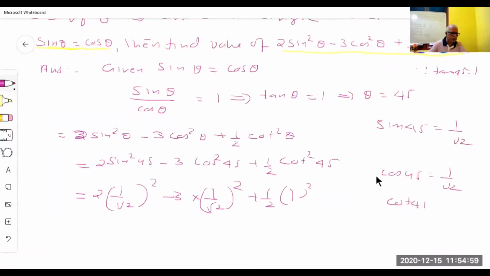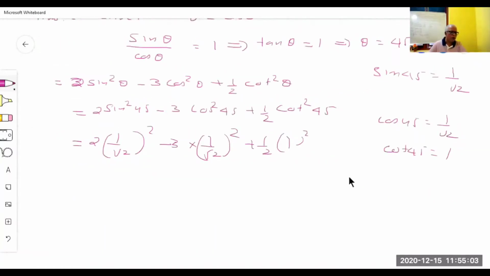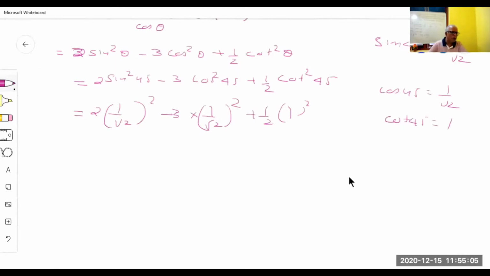So you will get 2 into 1 by 2, minus 3 into 1 by 2, plus 1 by 2 into 1, which will be 1 minus 3 by 2 plus 1 by 2, which will give you 0.